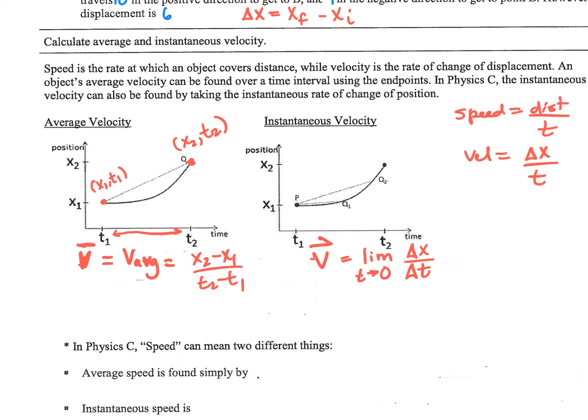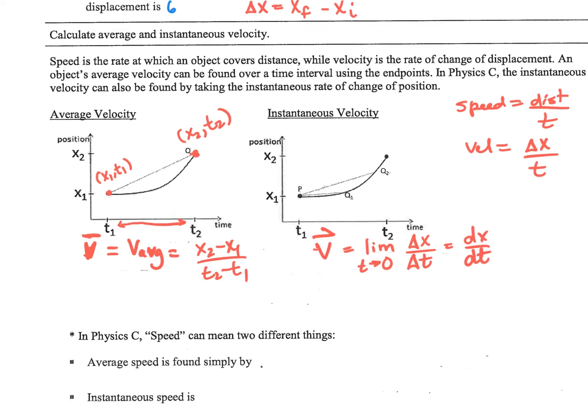So as it gets smaller and smaller, instead of delta x over delta t, this really represents a derivative, doesn't it? The limit as it gets smaller. So we call this dx/dt. So an instantaneous velocity is a derivative. Whereas otherwise we're dealing with an average velocity. So if we know the position, we can find it.